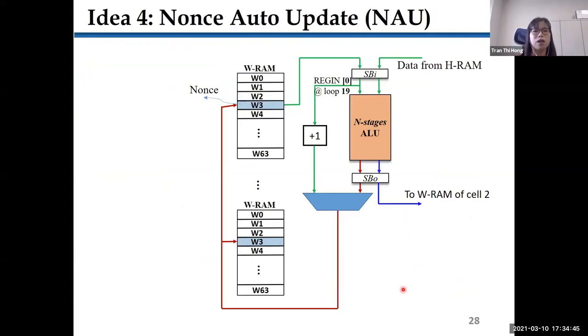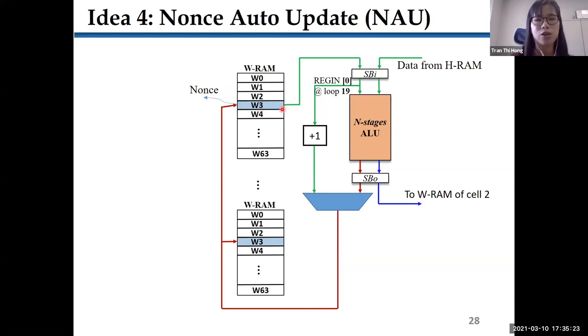Okay, so for the nonce value, as in the header, for the same header, we can change the nonce value and make a lot of trials to find the valid hash. So inside a single DPE, we have the WRAM block here. They store the initial input data, like W0 to W63. All data are the same except W3, which is equivalent to the nonce value.